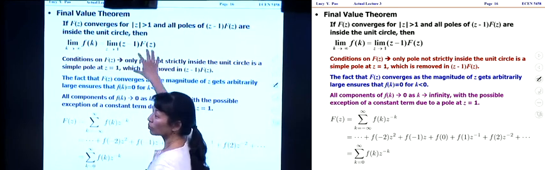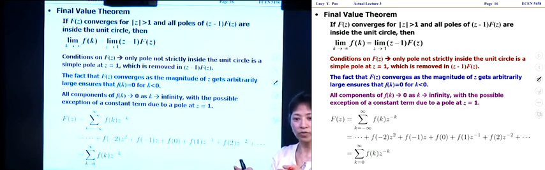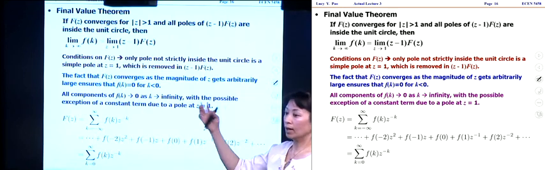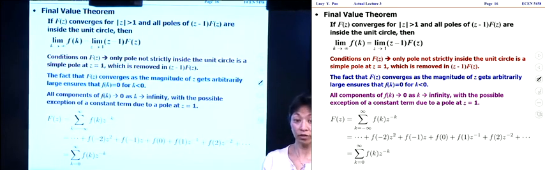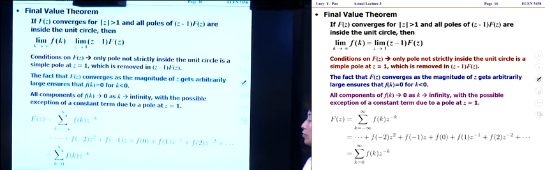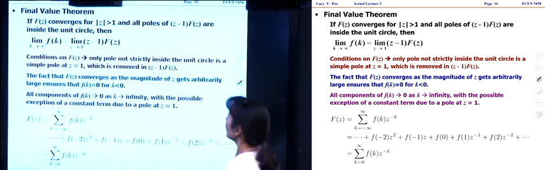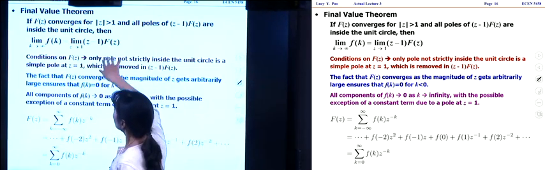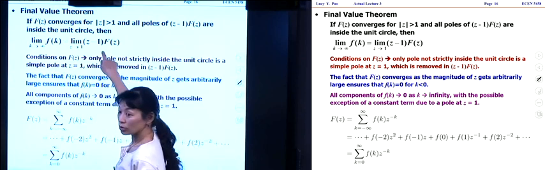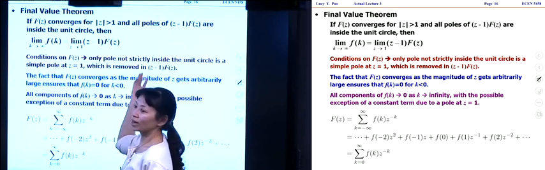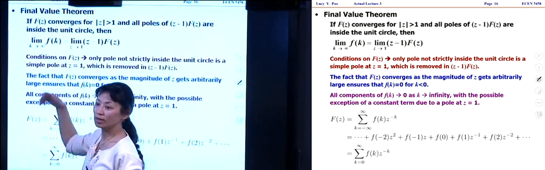Sometimes we might have a transfer function for a system, and we figure out what our output is in terms of a z transform. To figure out the final value, if these properties hold, you can compute it directly using that z transform, rather than inverting the z transform and taking the limit. Okay?